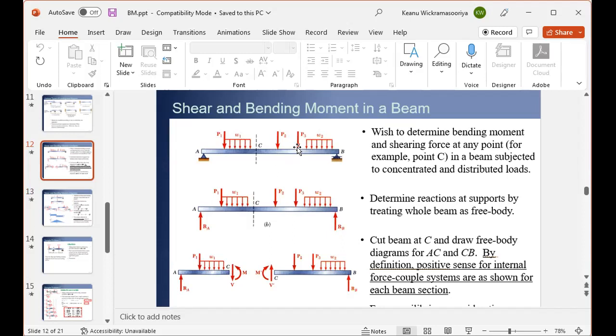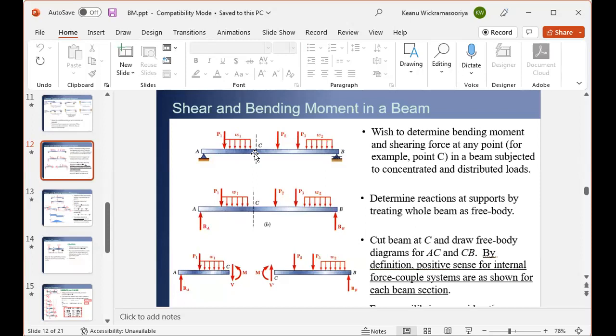But some loads act just like a pressure all along the length, such as this W1 here. As an example, we can consider something like a roofing sheet weight acting on a rafter.